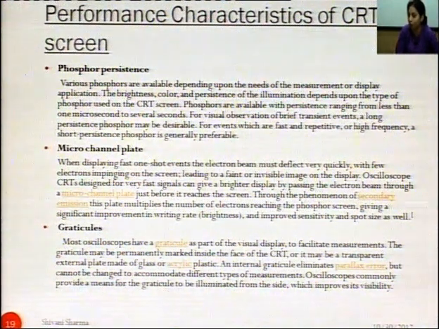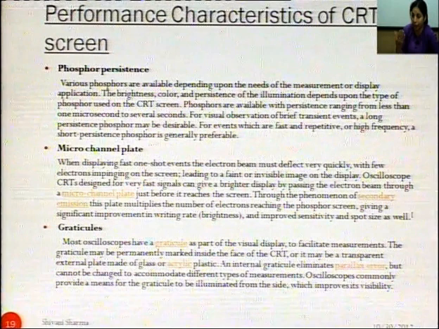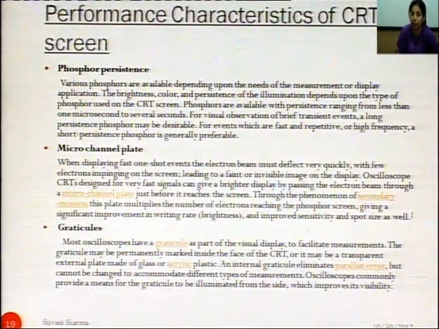We are talking about phosphorescence, that is, the light is emitting and falling in the visible range. So how long it persists, how long it is there, is expressed in terms of phosphorus persistence.